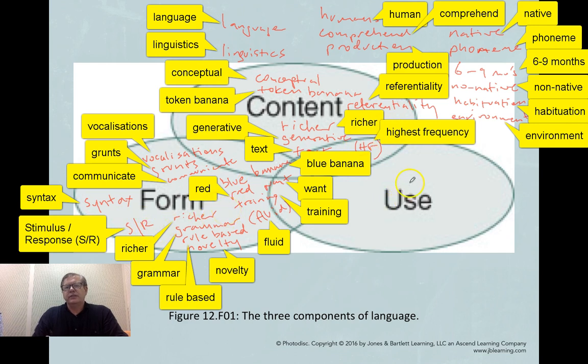And finally, language use. And again, we see a difference with humans and other languages. Human language has a very sophisticated use. We can use it for a number of different purposes. So we can speak, we can write, we can therefore read.